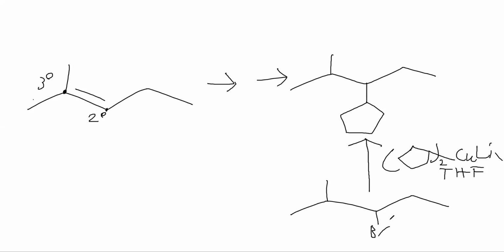And you should notice we have the bromine on this position, which is secondary. Is that the Markovnikov or the anti-Markovnikov spot of this double bond? Anti-Markovnikov, yes. So we want to do a reaction that adds something to the anti-Markovnikov spot.